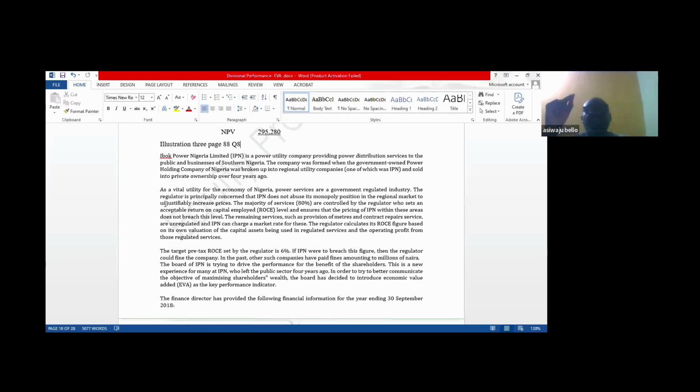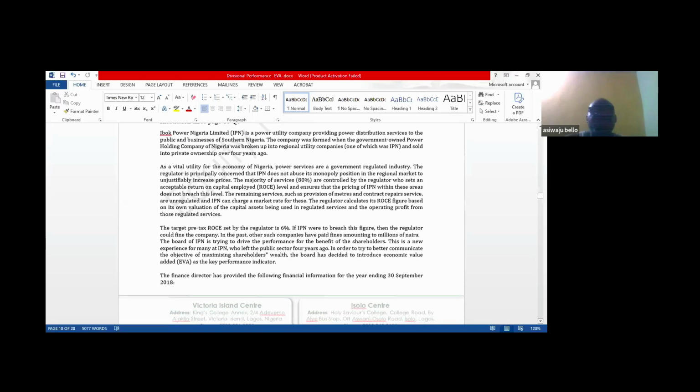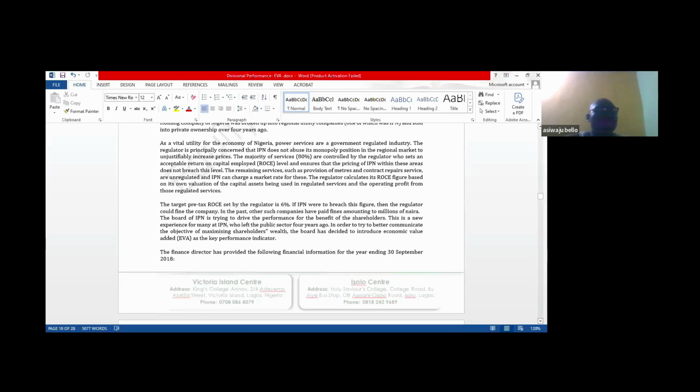The target pre-tax return on capital employed set by the regulator is 6%.